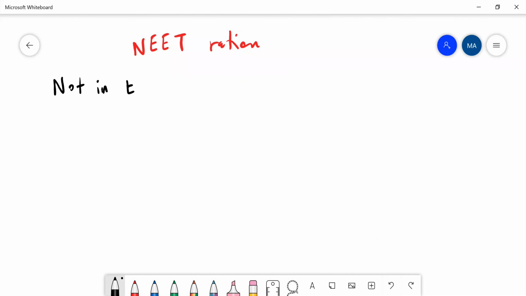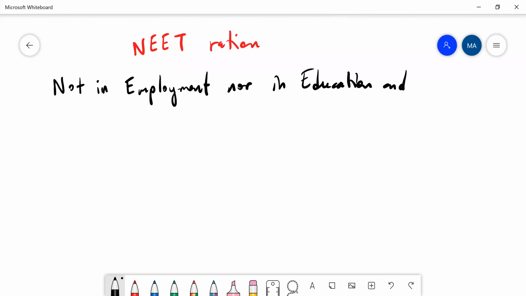Let me say it again: not in employment nor in education and training. Okay, so NEET. So the NEET ratio is a particularly interesting indicator for an economy. And typically we look at the NEET ratio for the young people.